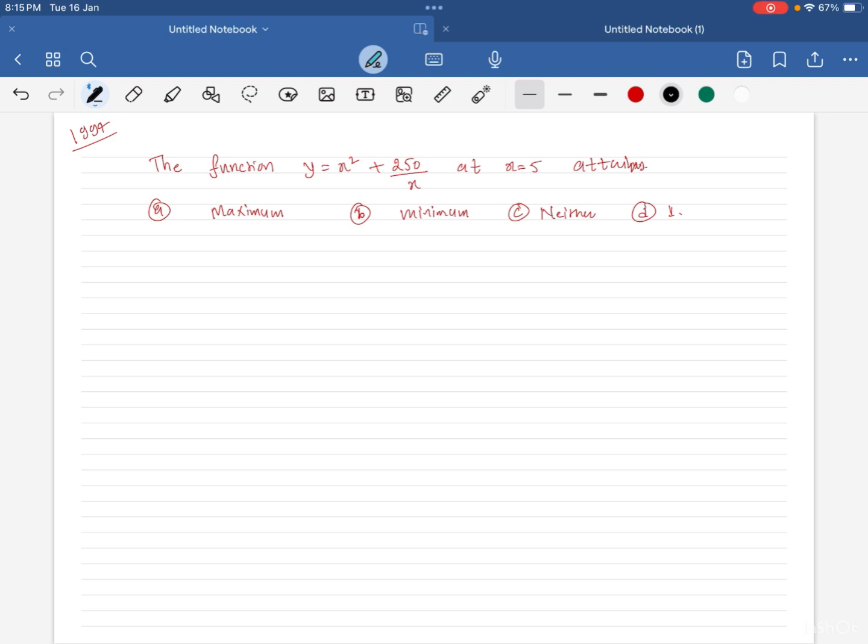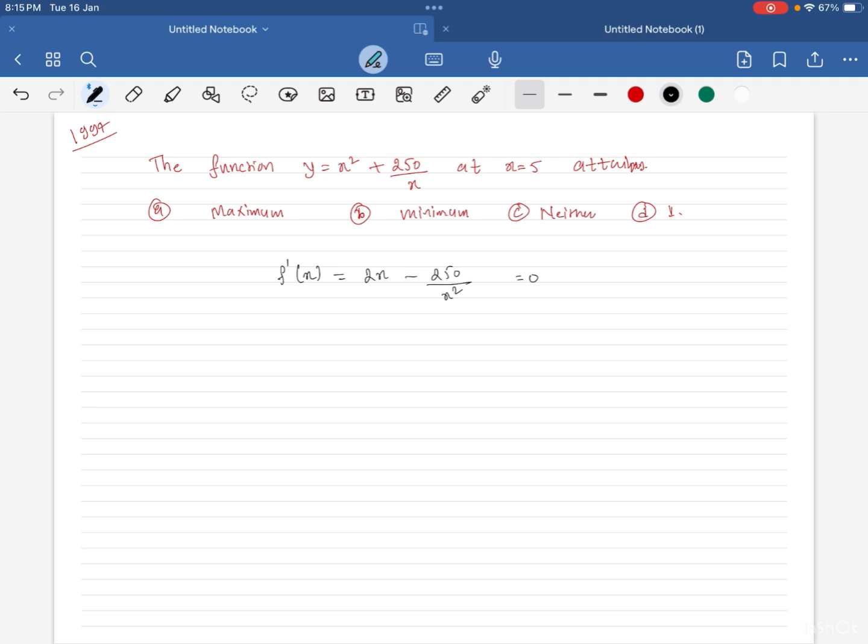So we can find the first derivative of the function, that will be 2x minus 250 divided by x square, and we can equate it to 0. From here we can find the value of x.